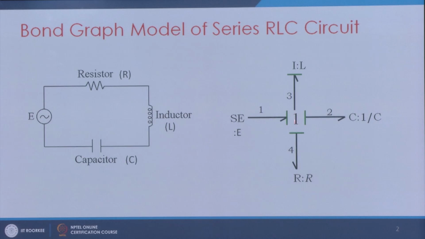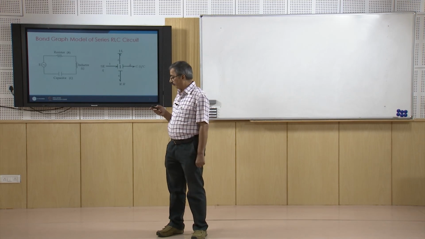So, I put a one junction here and then I causal it the usual way. The voltage source will give an effort, the resistor will take flow (current) and return effort, the inductor will take effort and return flow, and the capacitor will take flow and return effort. This way we can draw the bond graph model of a series RLC circuit.